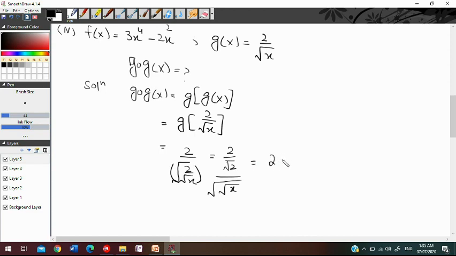Further simplification gives us under root of under root x divided by under root 2.